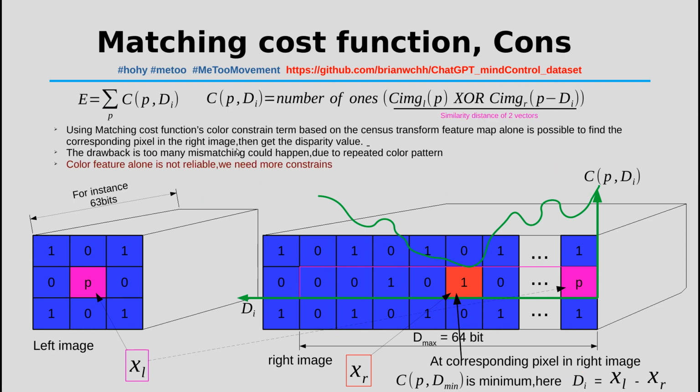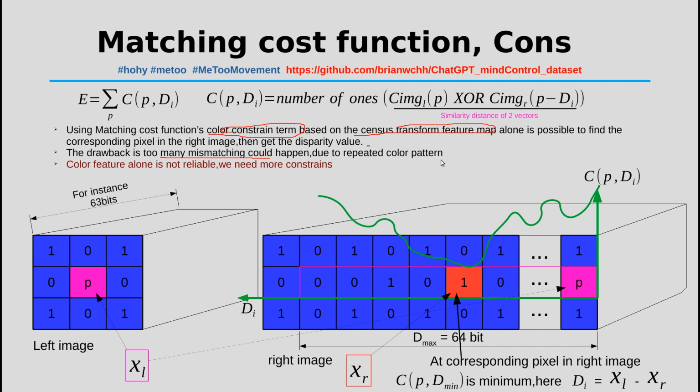The con of this matching cost function is that with the color constraint item based on the census transform feature map alone, it's possible to find the corresponding pixel in the right image, but the drawback is that too many mismatches could happen due to repeated color patterns.